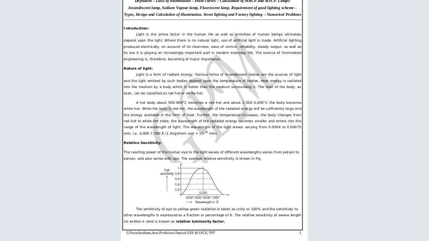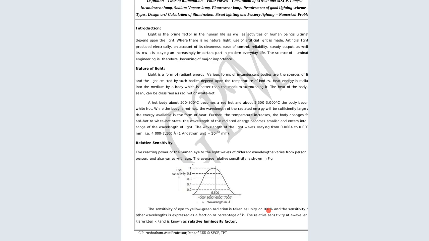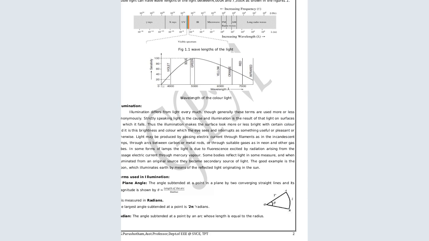The relative sensitivity at a wavelength is written as K lambda, known as the relative intensity factor. Those who took physics in high school know that.